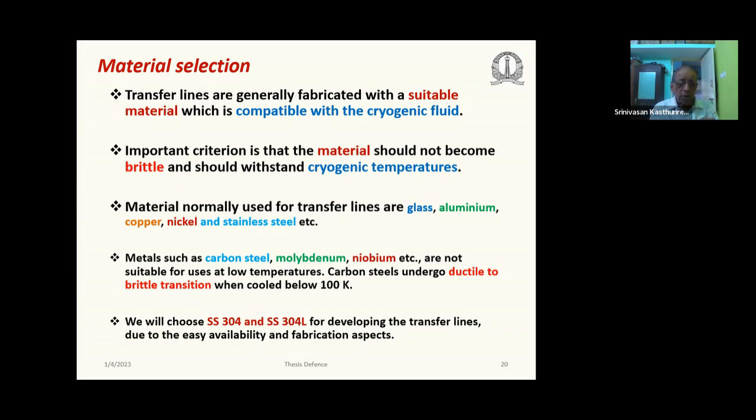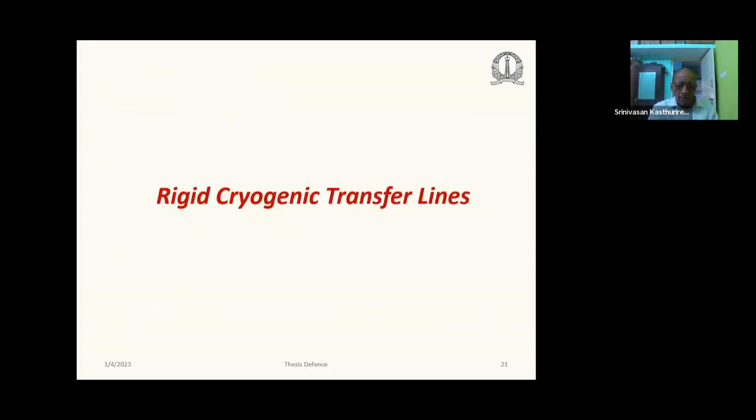Normally, one chooses stainless steels because from the fabrication aspect it is quite easy. 304 or 304L are generally used for developing transfer lines because of their easy availability and fabrication.